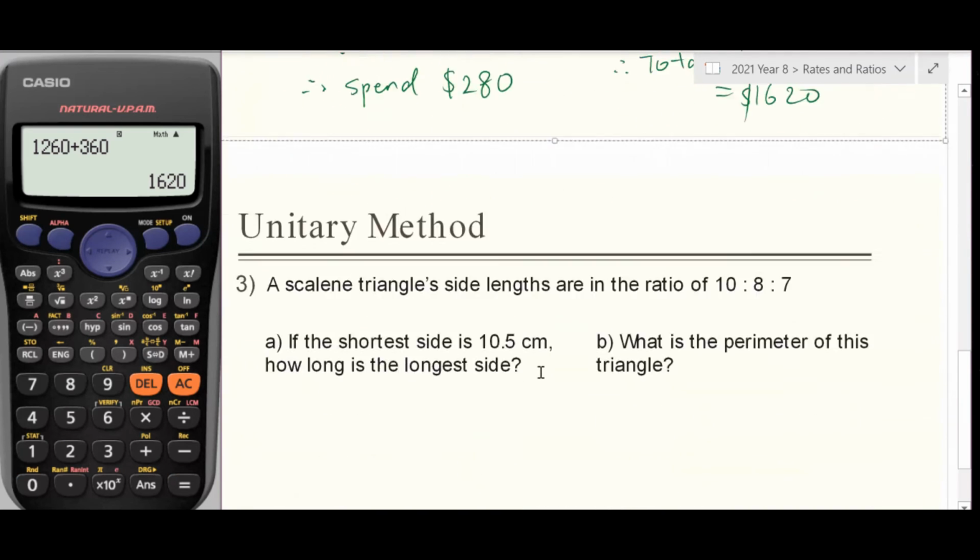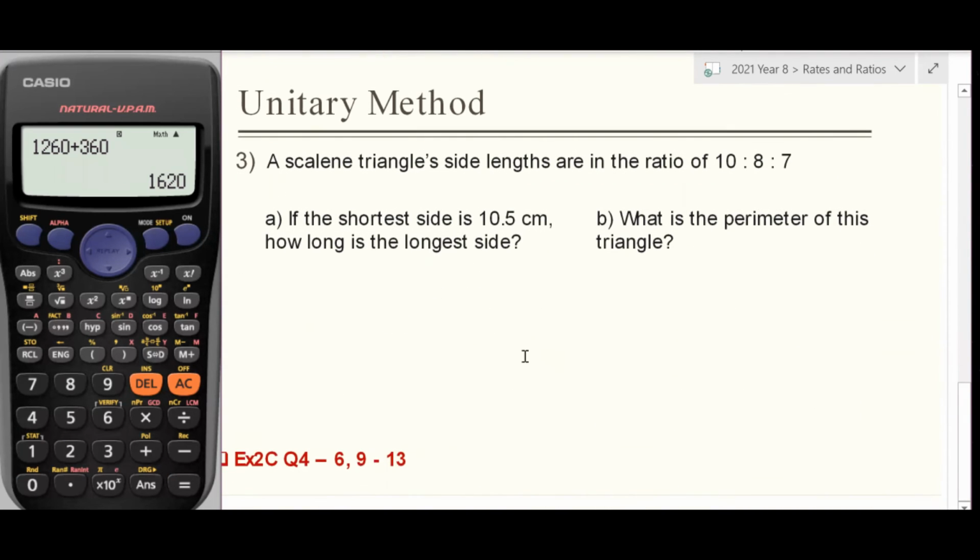Last question. A scalene triangle's sides are in the ratio of 10:8:7. Now, a scalene triangle is a triangle such that all sides are different lengths. If the shortest side is 10.5 centimeters, how long is the longest side?